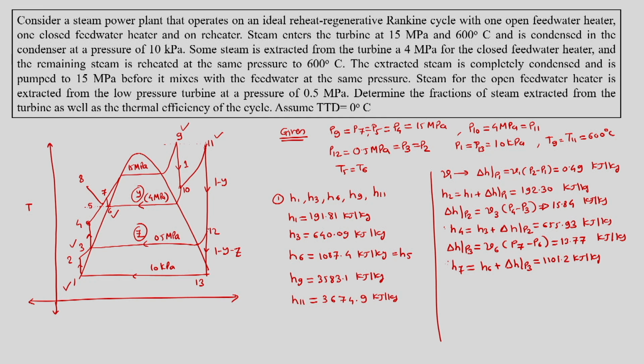Then we can find out z, and this z can be found out again from the fact that the z amount of mass at enthalpy 12 loses its enthalpy to 3, where 1 minus y minus z amount of mass will raise its enthalpy from 2 to 3.